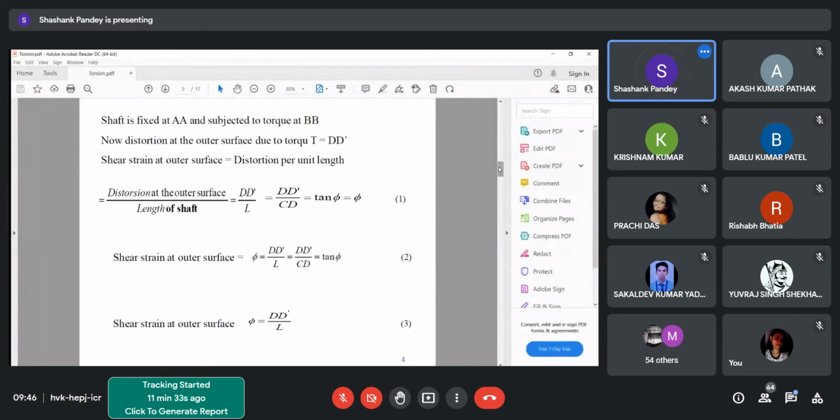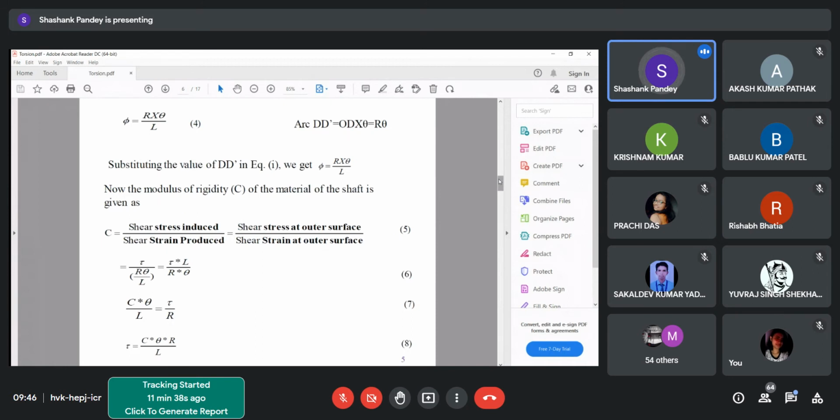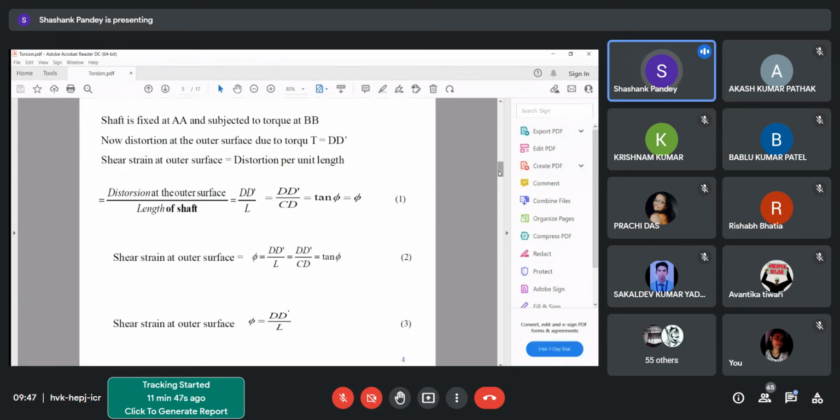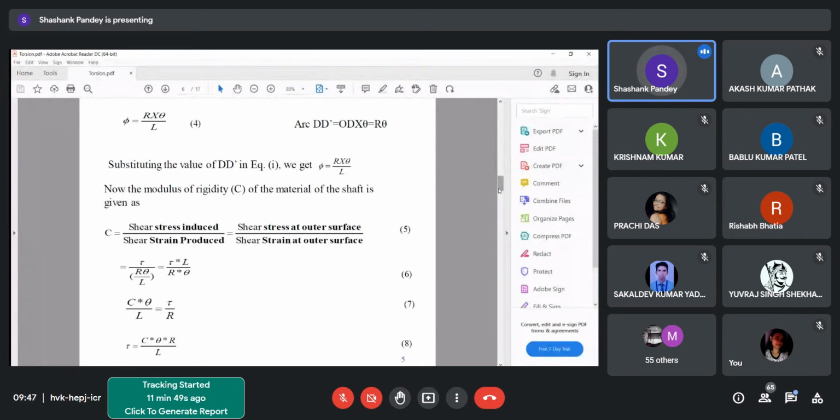Shear strain at the outer surface is phi equal to D dash upon L. So phi is equal to R upon L. If you look into the corresponding values, this will be equal to R into theta upon L, because you know that angle is equal to arc upon radius, and correspondingly we have written this term. And once you substitute the value of phi, you will get R theta upon L.